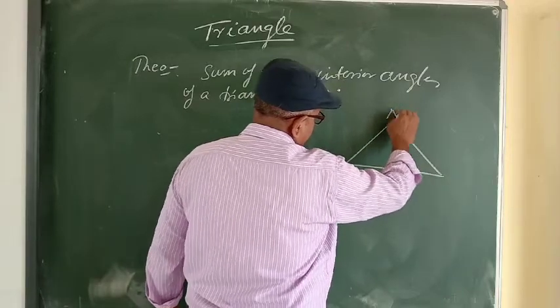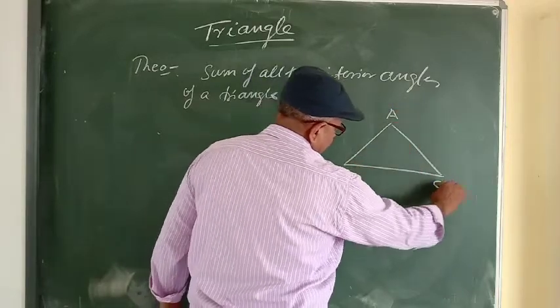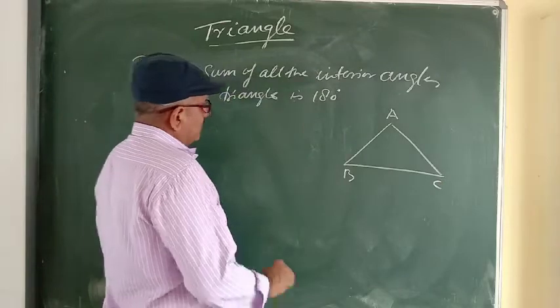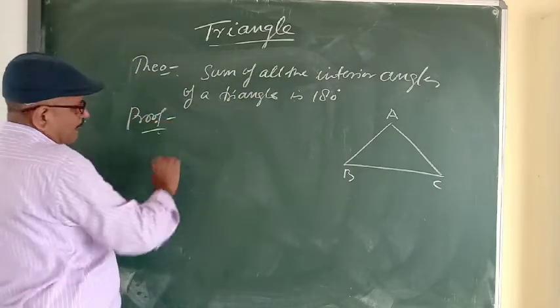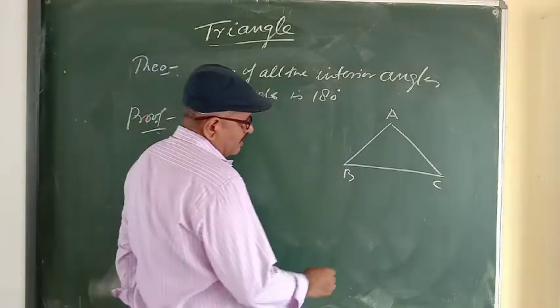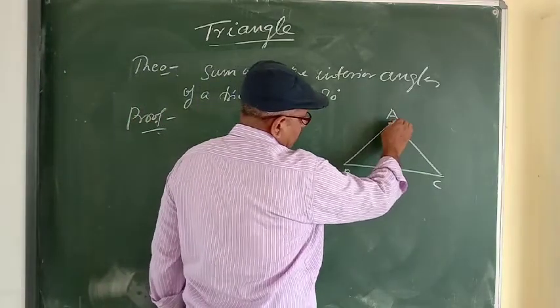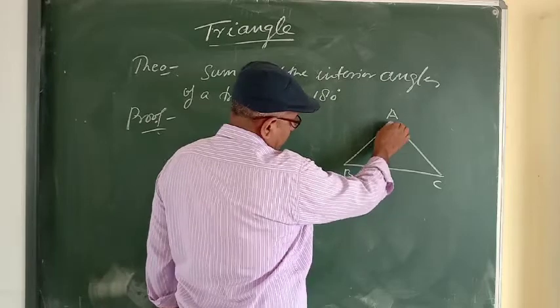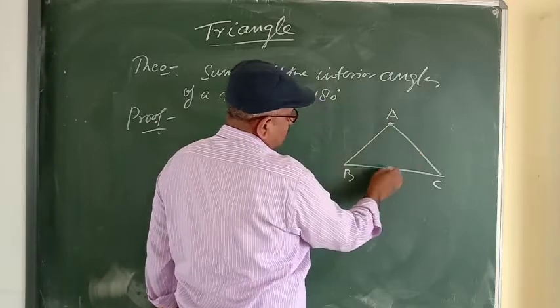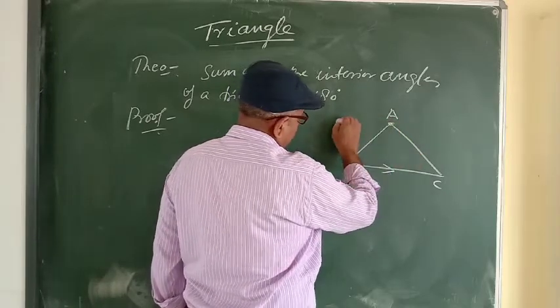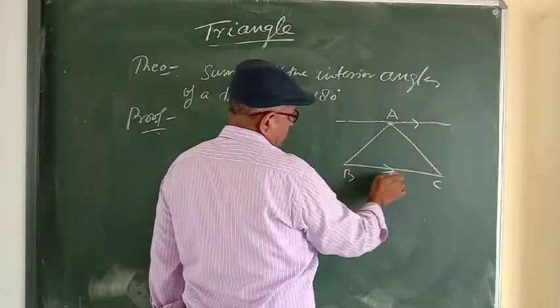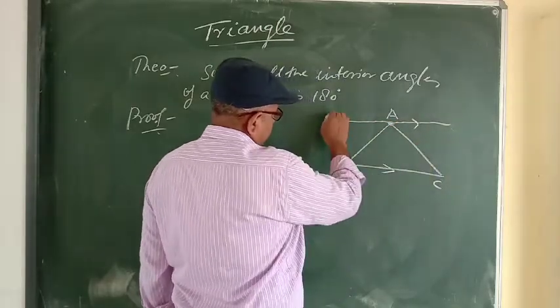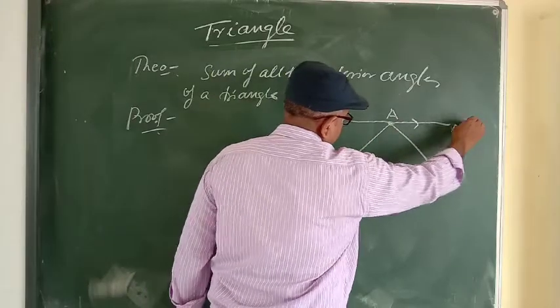So let us take a triangle ABC. Now through the vertex A, we will draw a line parallel to BC. Suppose this line is MN.